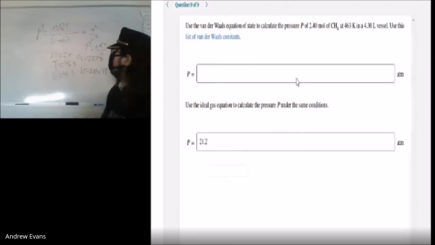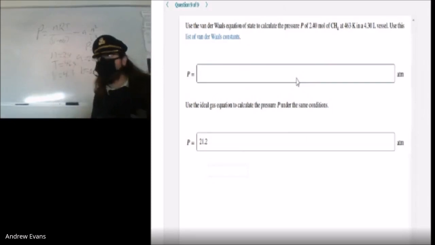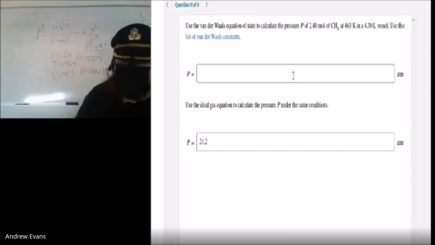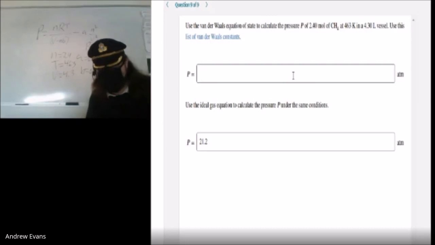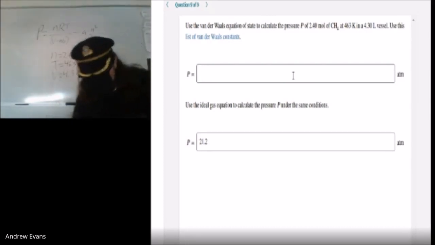Now, depends on how you want to do this for the real one. You can solve individual terms and then plug them in, or you can just plug the whole thing into a massive equation. I really don't care how you do it. I'm going to plug each term individually, and we'll solve for that and then do the math all together so we can see. So nRT, the top term in the real equation, is 91.185.